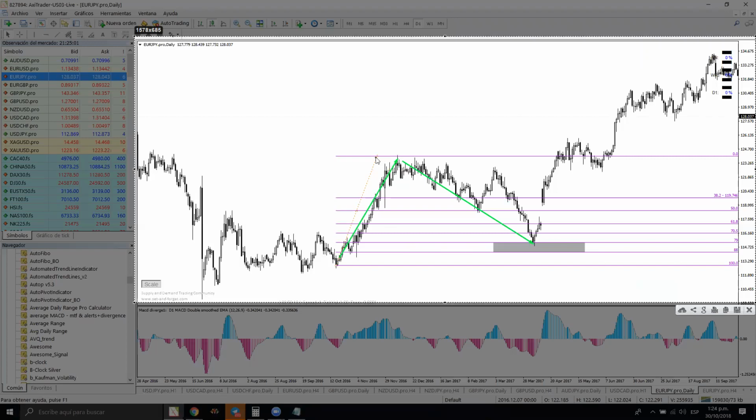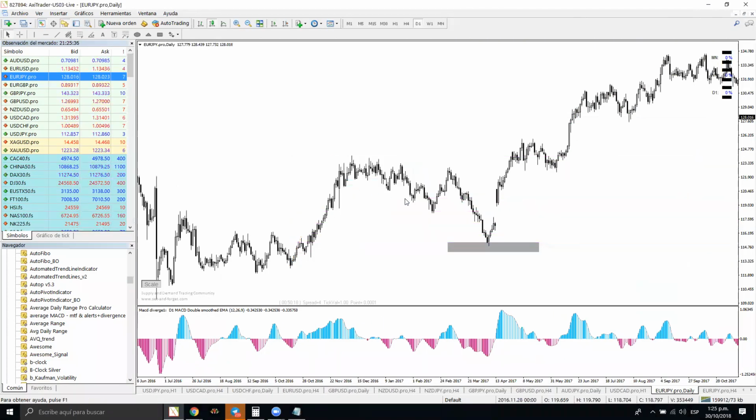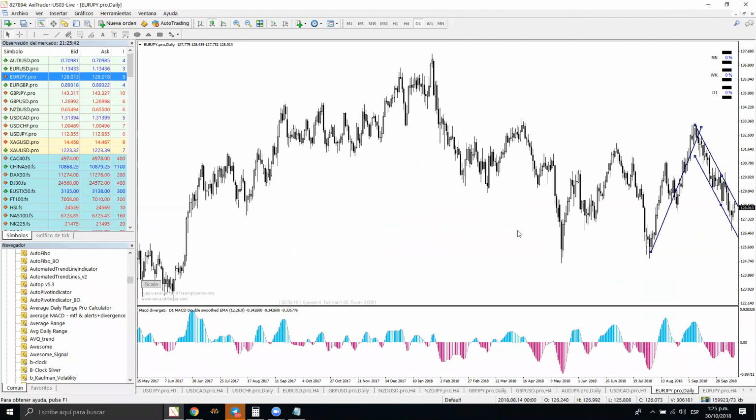When the momentum is created, you put the Fibonacci, you place your order here, and you set and forget. Look how the price came to your order, and the market continues going. This is an example. I'm not taking care about market sentiment. I'm not taking care about anything. It's just an example of how Fibonacci and momentum work, only for that.